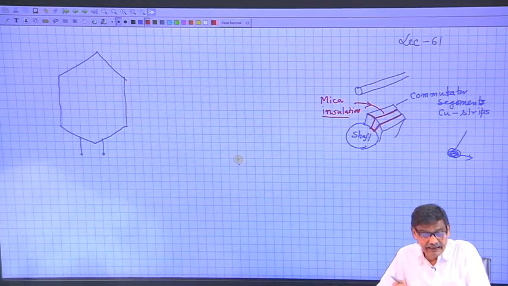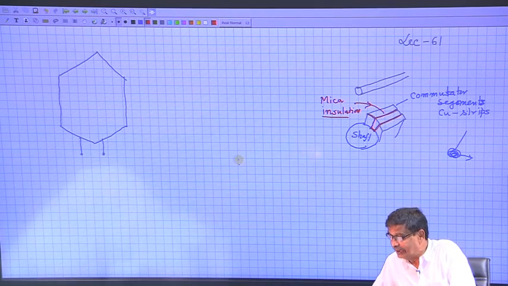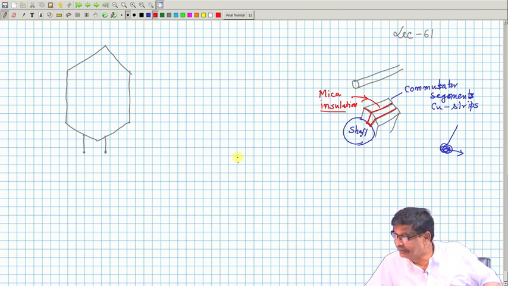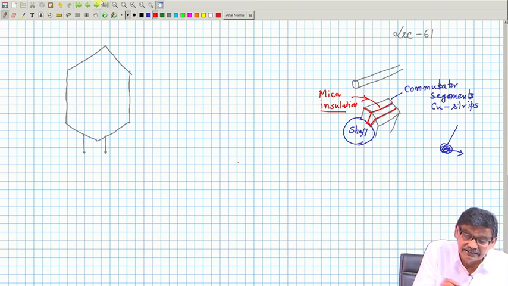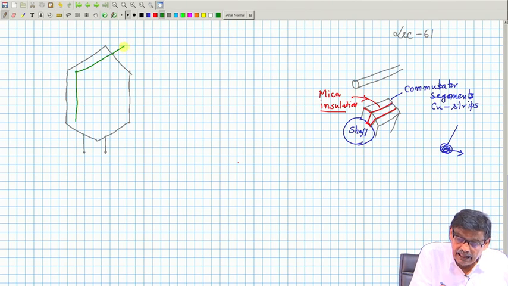Then there is another coil like this, second coil is there, I will draw with a different color. Second coil will be in the next slot, it will start from here and it will return from the next slot like this.